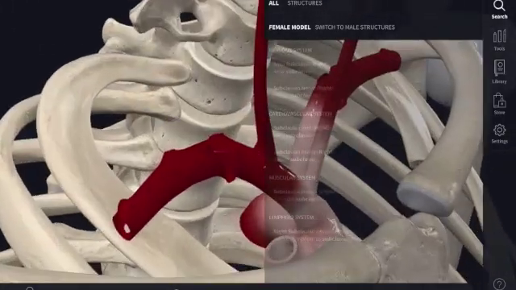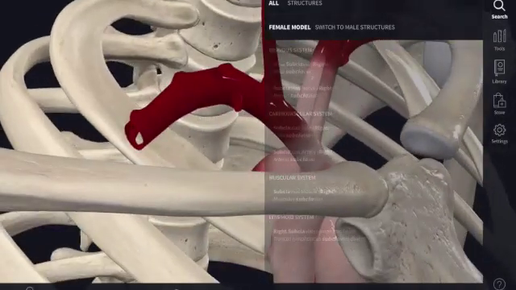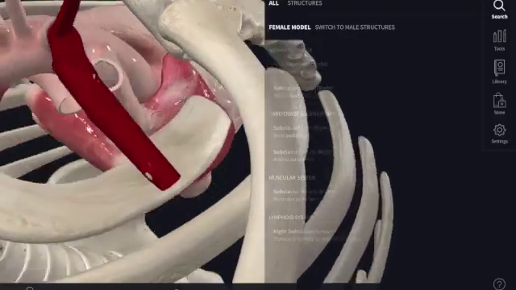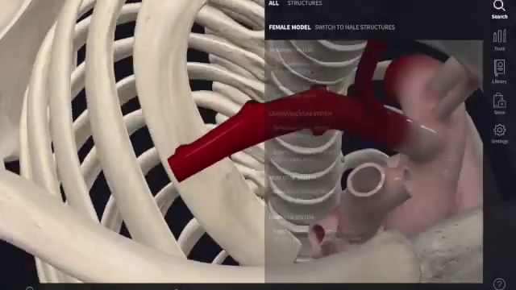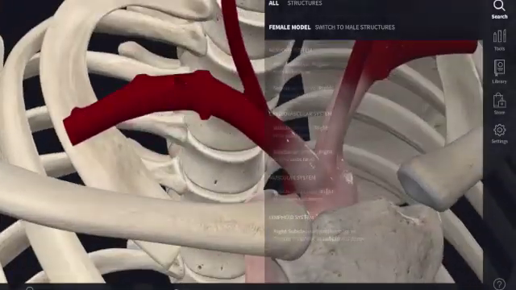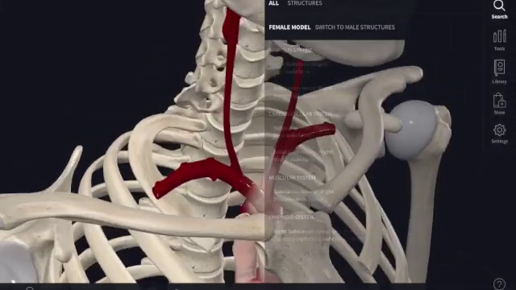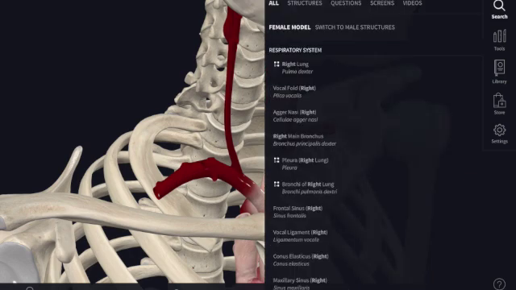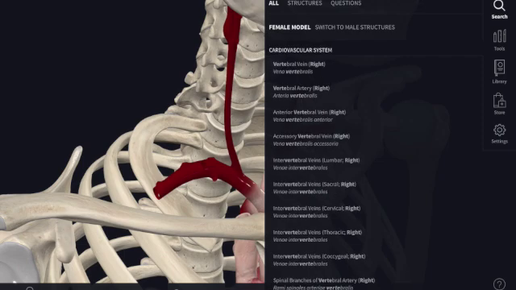And you can tell it bifurcates. It has branches coming off as well. But the one that we need to learn for this picture is going to be the right vertebral artery.